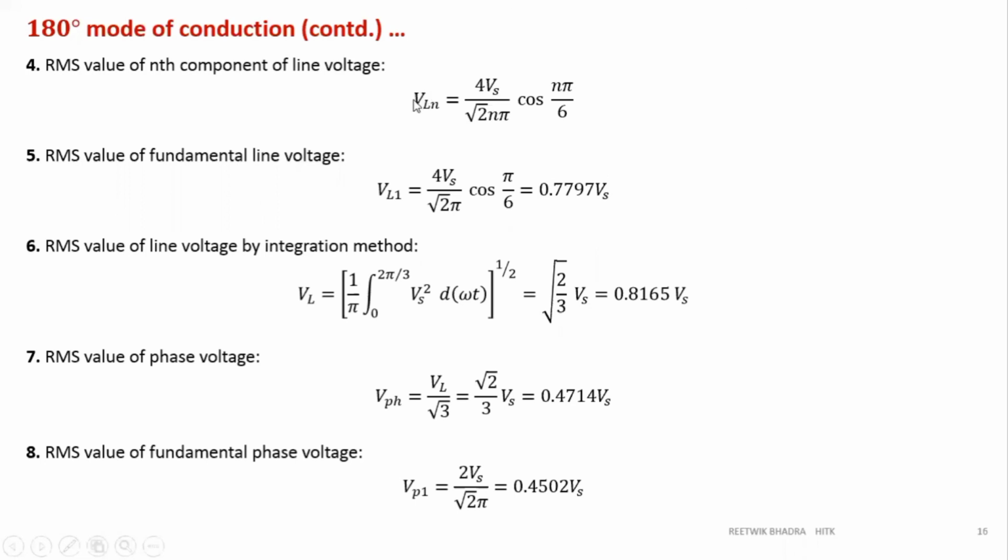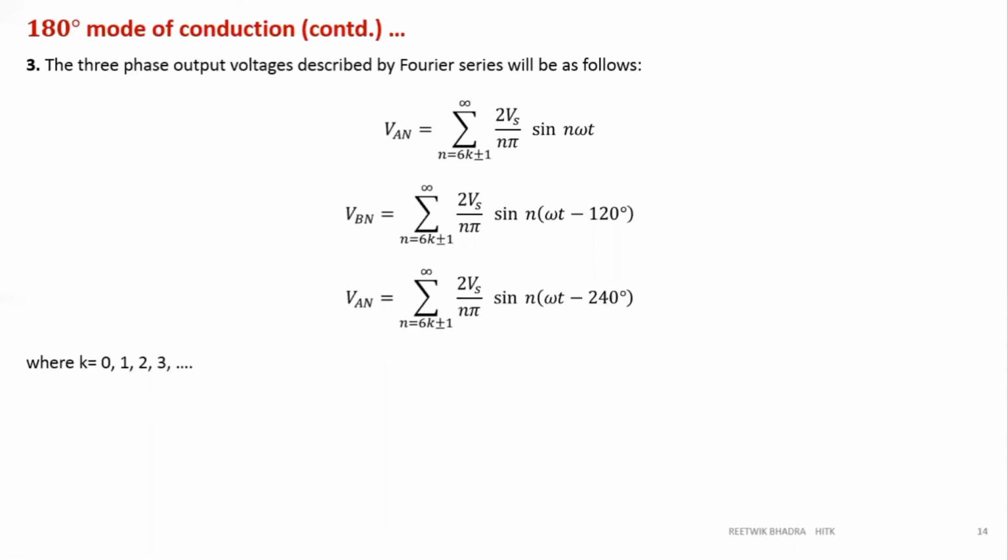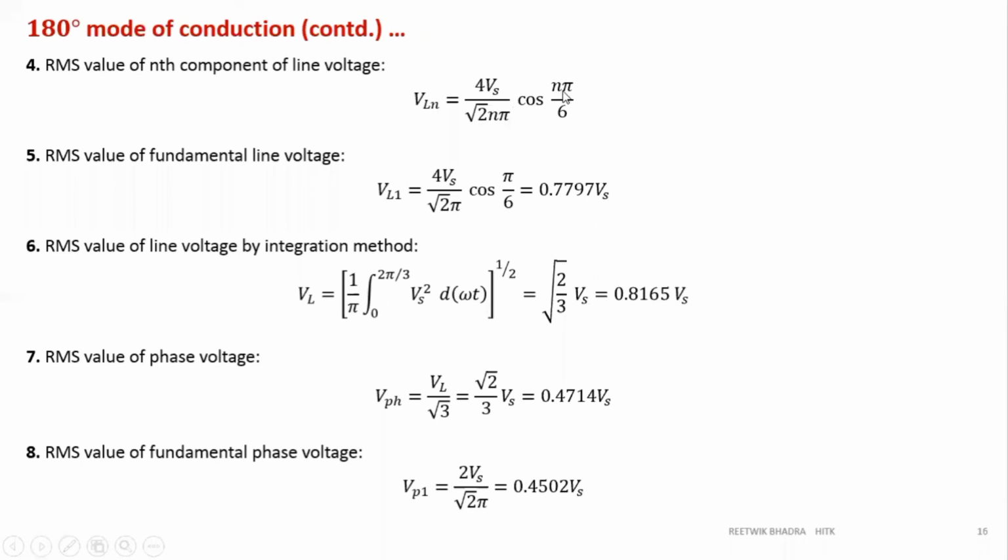The RMS component of the nth value of line voltage: the magnitude we know is 4 Vs by n pi cos n pi by 6, divided by root 2, just as we did in single phase. For the RMS value of the fundamental line component, n equal to 1, so 4 Vs by root 2 pi cos pi by 6 gives you 0.7797 Vs.